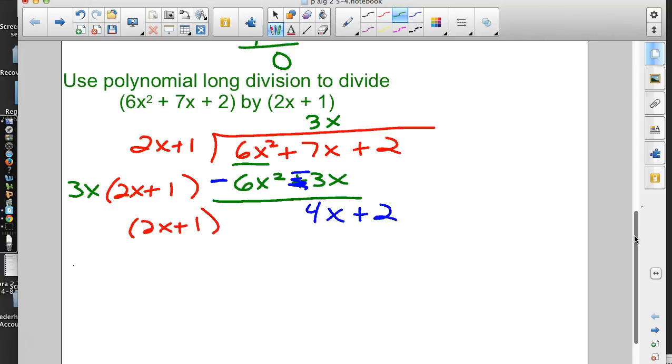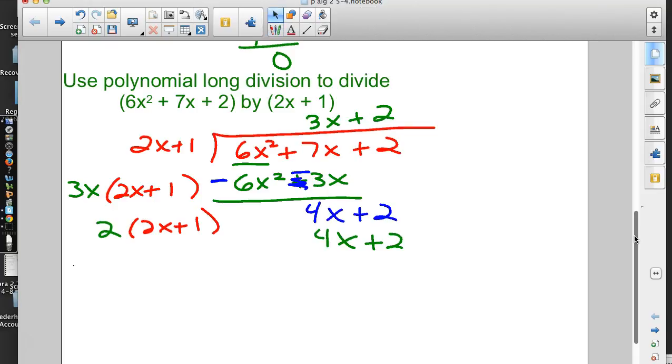Well, that's not a big deal. I just multiply this by 2. That'll give me 4x. So 2 times 2x is 4x, but 2 times 1 is 2. It did its job. It's a perfect match. I'm going to put it up there above the 1's digit, which is a plus 2. And now all I need to do is change the signs and add.